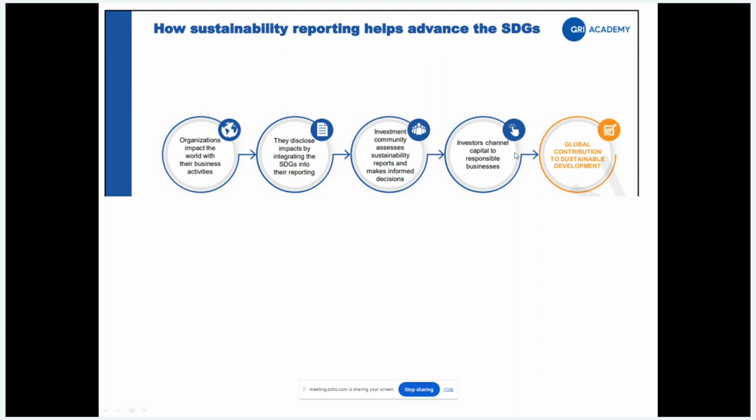So investors channel capital to responsible businesses. They will definitely like to invest in only responsible businesses. In the same way, BRSR reporting has started in India, and it is mandatory for the top 1,000 companies only because of this obvious reason. And after that, when everything is becoming sustainable, the global contribution to sustainable development will happen.